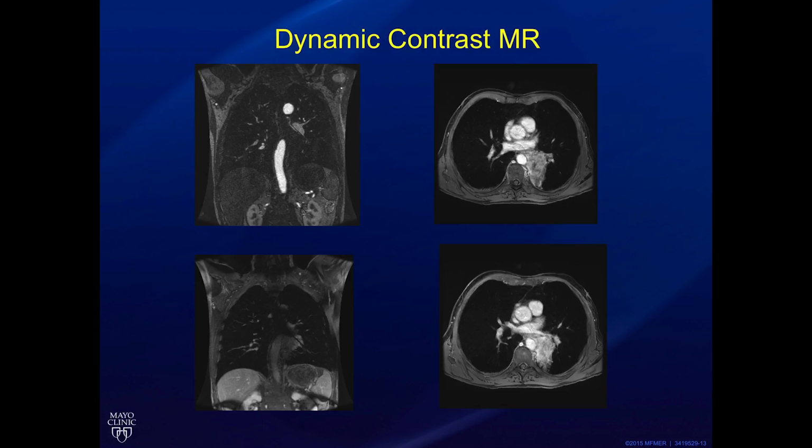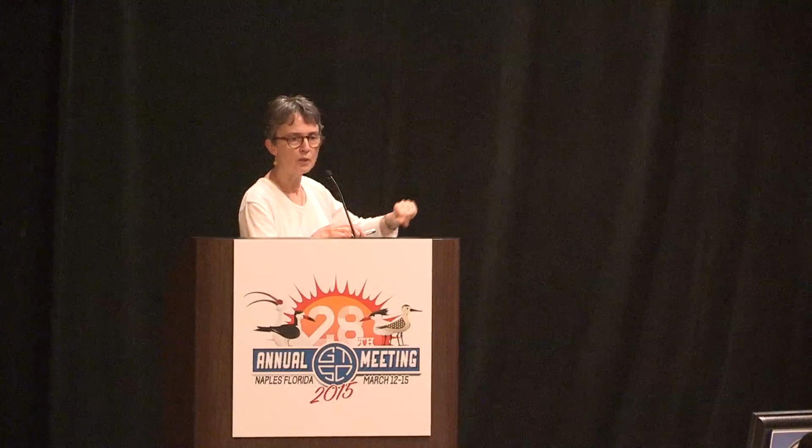And I have seen MRAs that are absolutely gorgeous. One of the interesting things is you only use a tiny amount of contrast. You can use contrast as opposed to CT that stays in the system for a long time. So you can get multiple series on it as opposed to CT where you've really got one shot like that. With MR, there's contrast that just recirculates, and so you can really get a lot of different imaging.